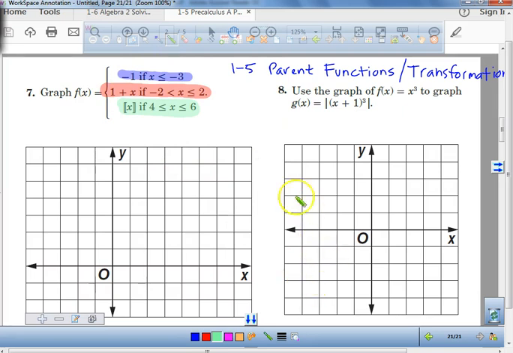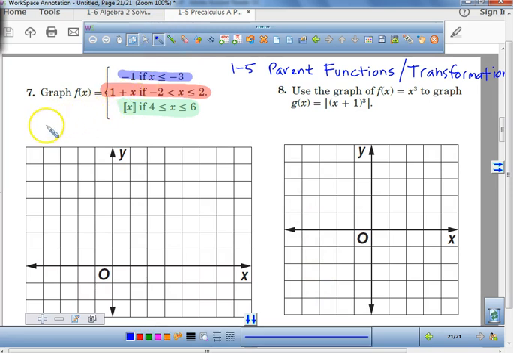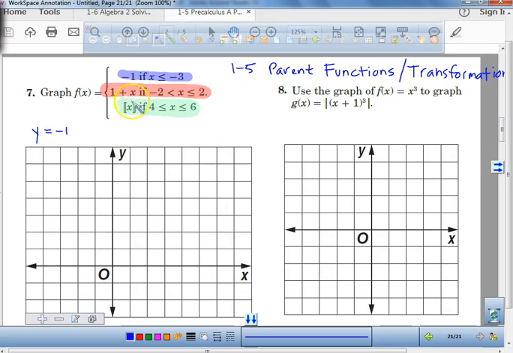Okay? So right now, we are going to start with the blue function. The blue function says f of x equals -1. I want you to know that just means y equals -1. That's the function that goes with the blue one. The red function: if x is greater than or equal to -3 or less than 3. So that's the domain.